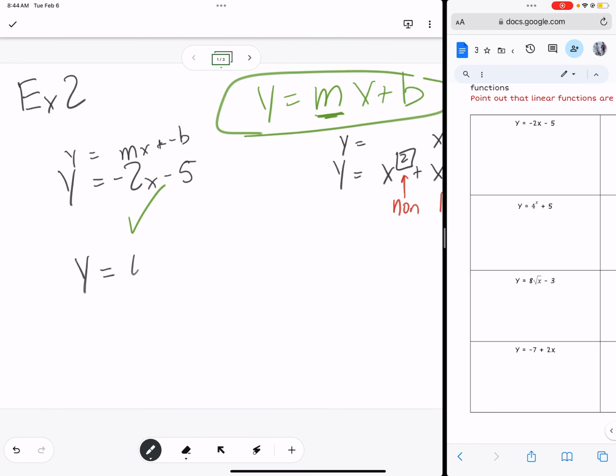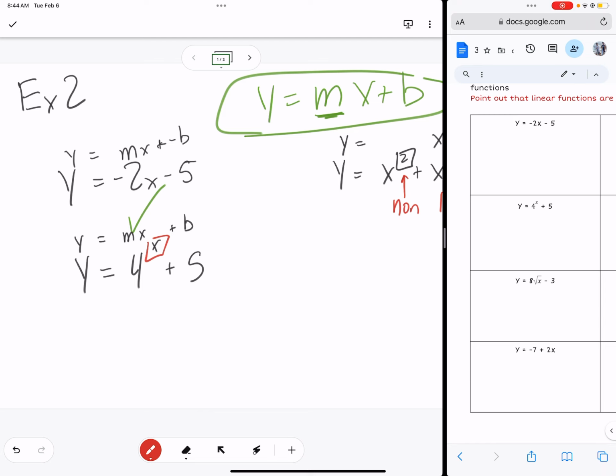So you have y equals 4 to the x plus 5. Now, again, this is very similar to y equals mx plus b. The 4 would technically be considered an m, but what is unique about the letter x in this problem? It's the power. It's to the power of x.